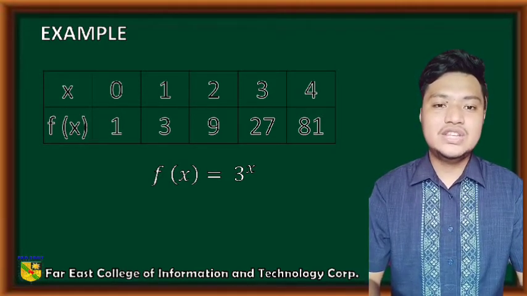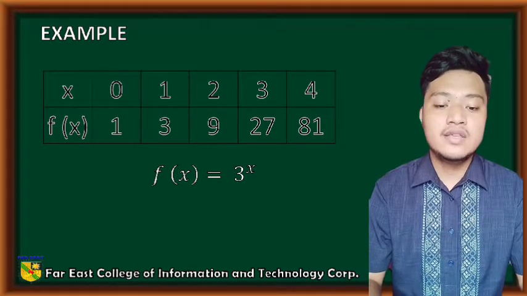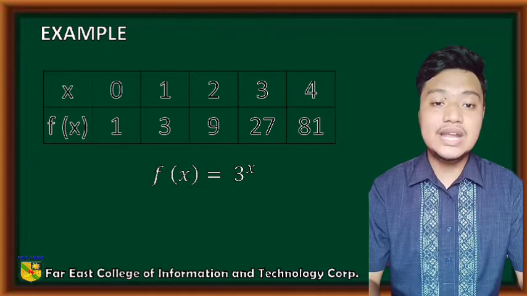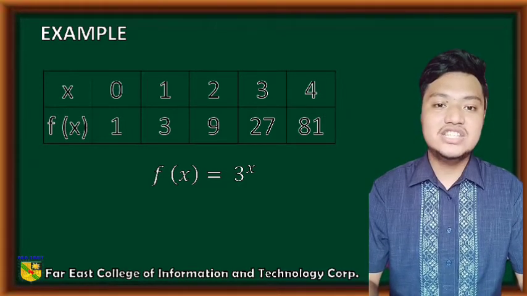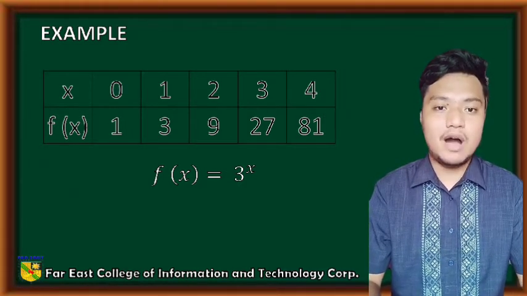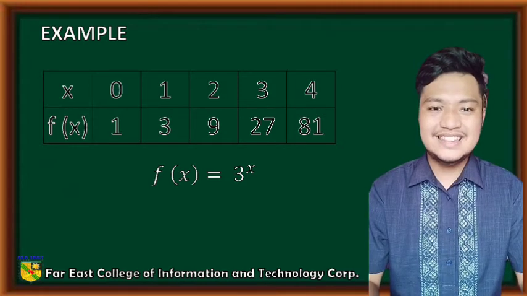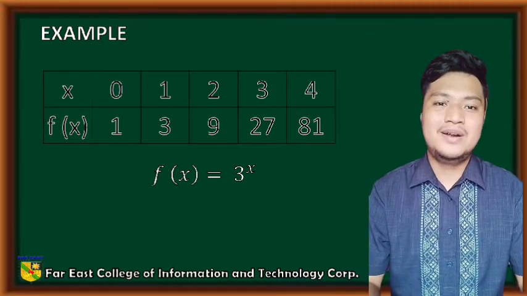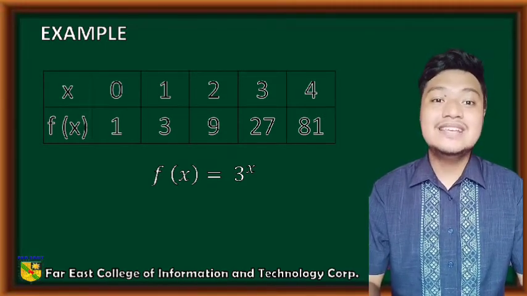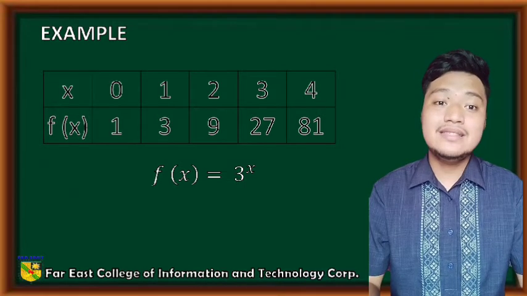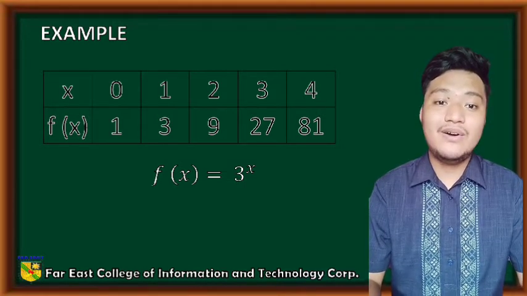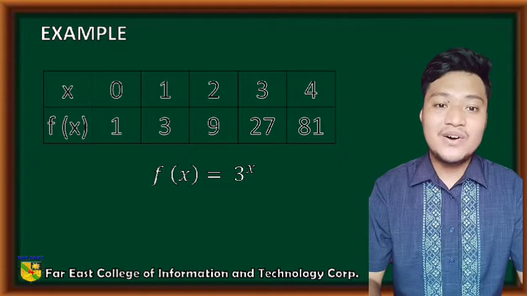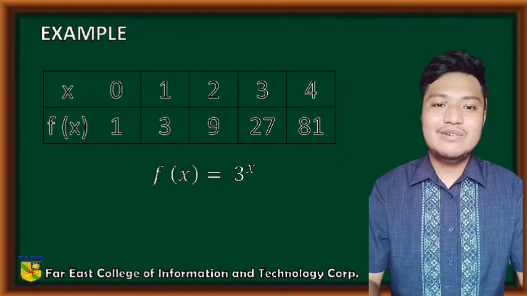The value of f of x is 1, so 1 is equal to 3 to the 0 power, since the value of x is 0. So, what is 3 to the 0 power? 3 to the 0 power is 1. So, 1 is equal to 1.